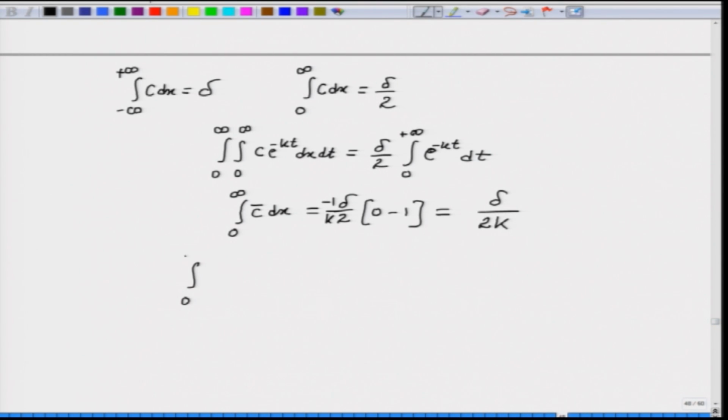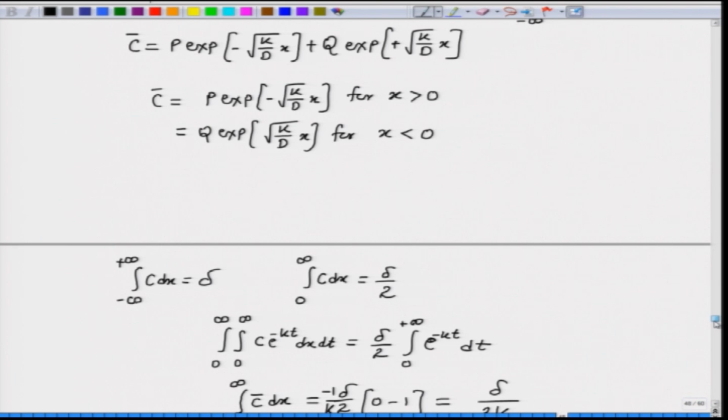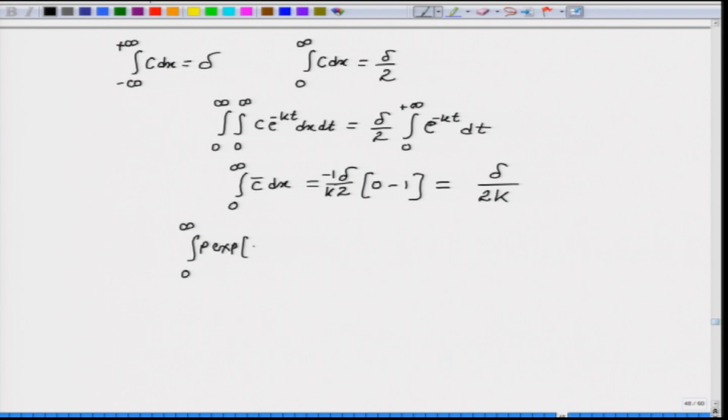So, integral 0 to infinity p exponential minus root k by d x is equal to delta over 2k.